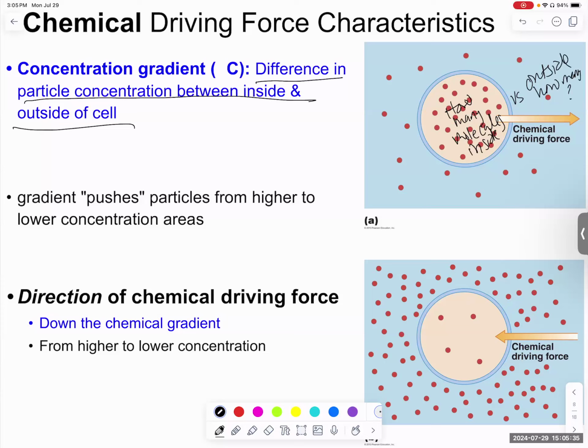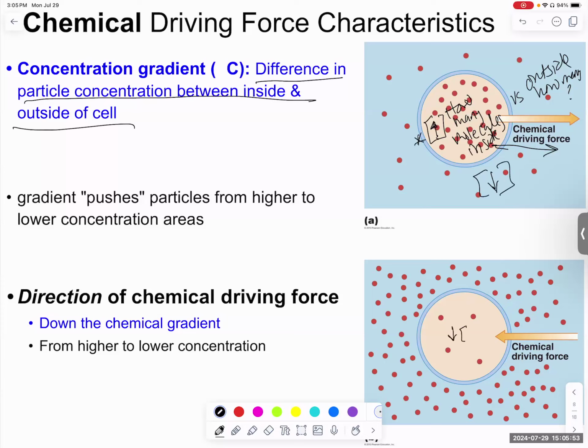So from here, it does look like the concentration is higher on the inside than on the outside, and therefore the driving force is going to be going out because it's the difference between these two. It's going to move from the high towards the low.